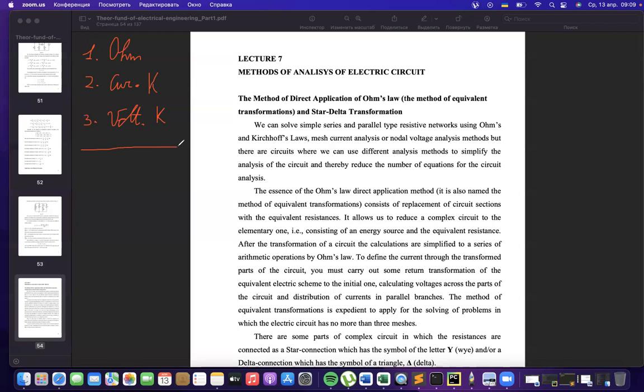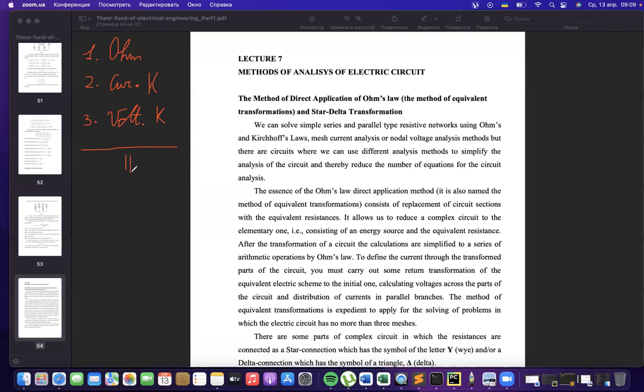Also, we discussed topological elements inside electrical circuits, how we build the mathematical model of some electrical system, and what characteristics this mathematical model or this electrical system has.